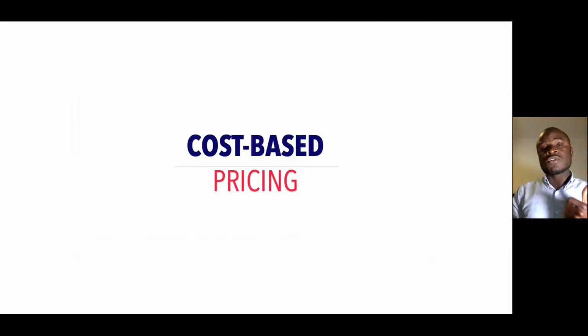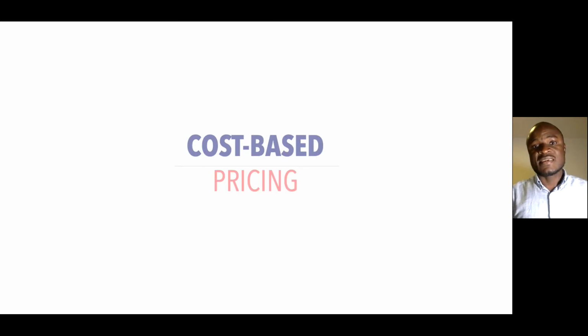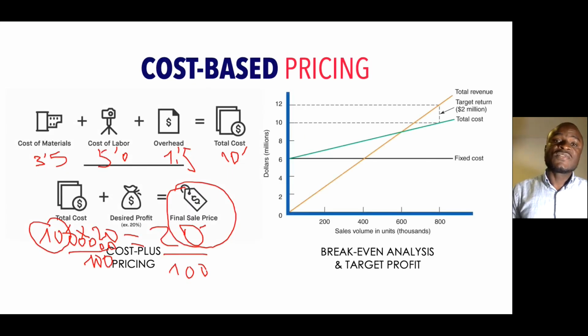So you have what you call cost-based pricing. Your cost-based pricing is going to go through things such as, let's say, how much I invested to buy the raw materials, so my materials, and how much it costs me to produce. And well, how much was the other services such as salary and so on. And you put everything together, and then you are going to have a total cost.